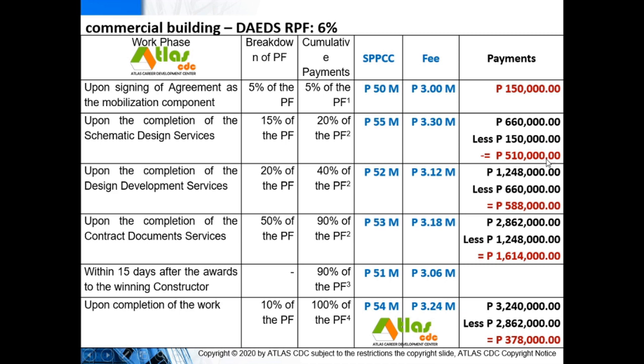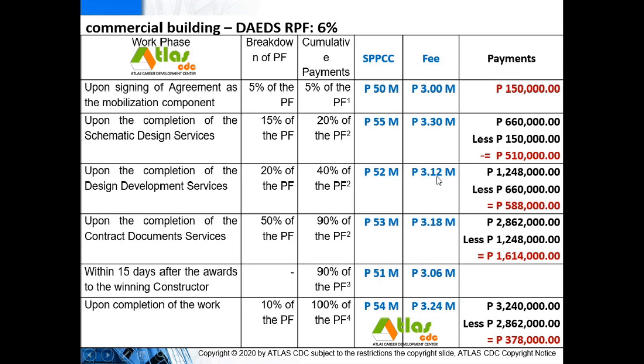Now, upon completing the design development services, the new estimate is 52 million pesos. It went down a bit. So your payment should be around 40% already of your professional fee. Let's compute your PF. 6% of 52 million will be 3.12 million.